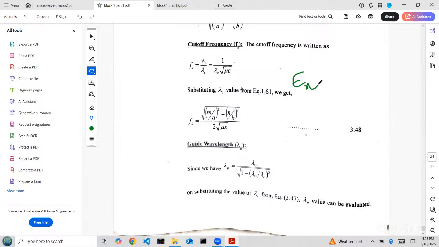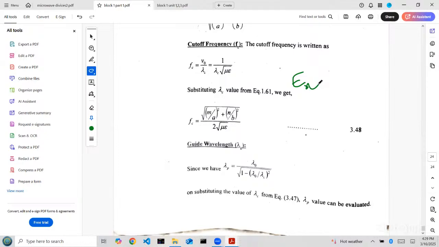EX చెప్పండి. Completely EX equal to 0. Why are we taking EX equal to 0? Because here we are writing for TE10 mode. Check EY. From the equation, which equation are we writing EY? EY ఎక్కడ వచ్చింది మనకి? 3.43 చూడమ్మా.